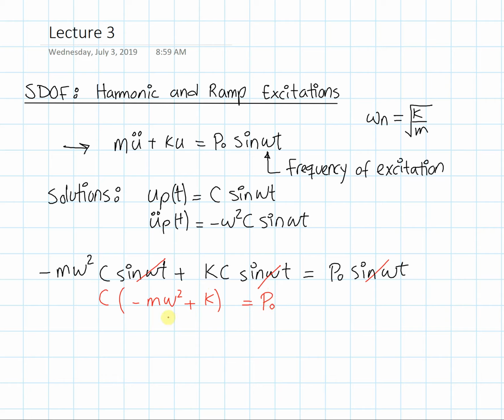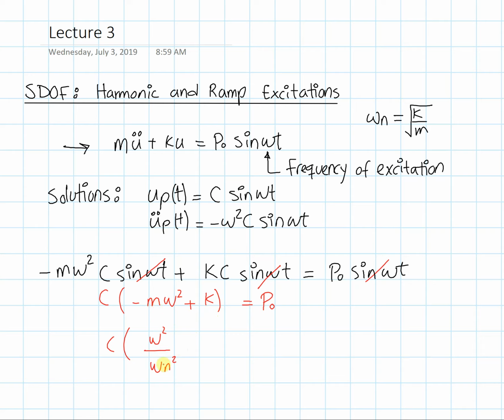And if I divide everything by m, what I'll have is C times the bracket of omega squared over omega n squared, and I apologize, I'm dividing everything by k, not m.